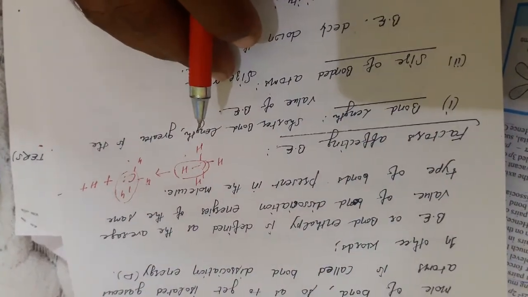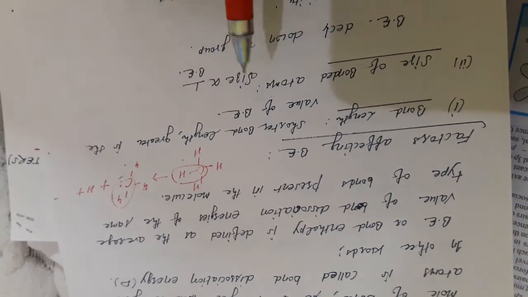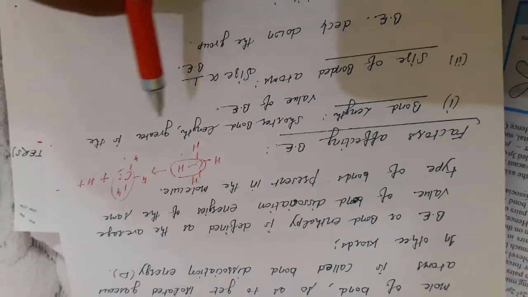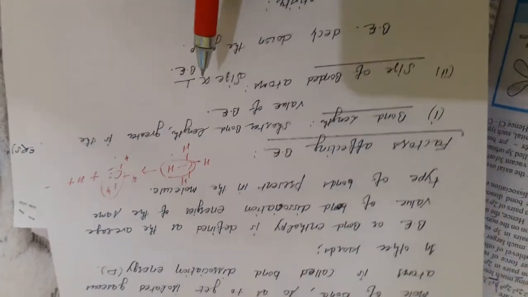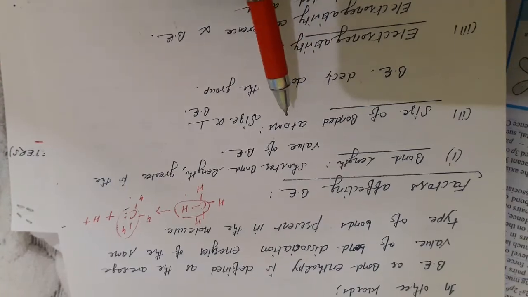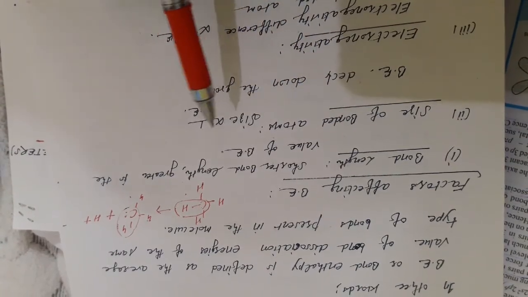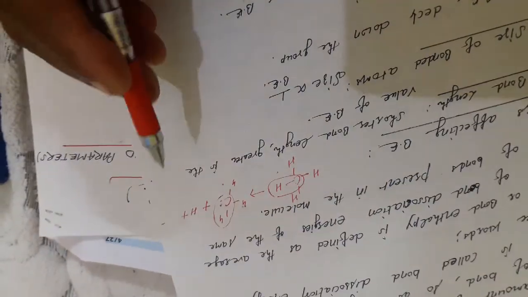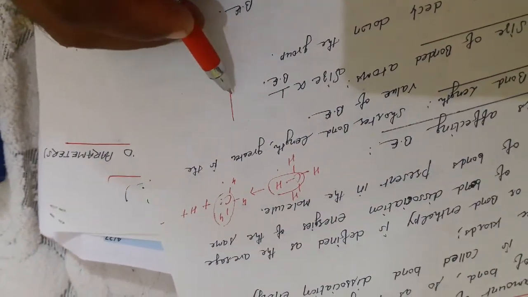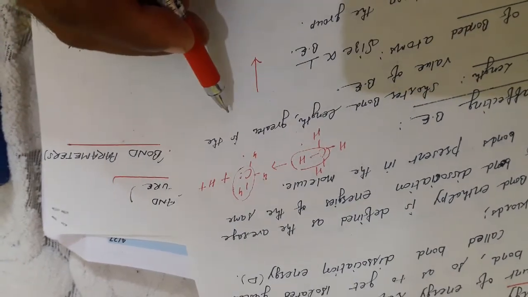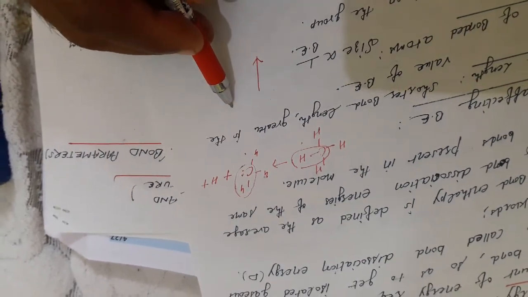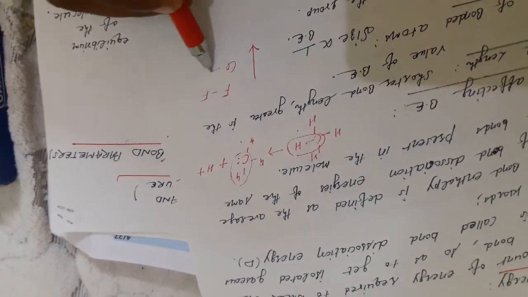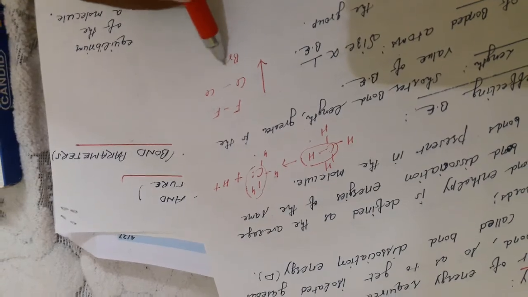Next, the factors which affect the bond energy. First is bond length. If the bond length is small, the bond energy will be higher. Second, size of bonded atoms. If the size of the atom increases, the bond enthalpy will decrease. That means when we go down the group, like the bond between two atoms of fluorine, chlorine, bromine, what will happen?